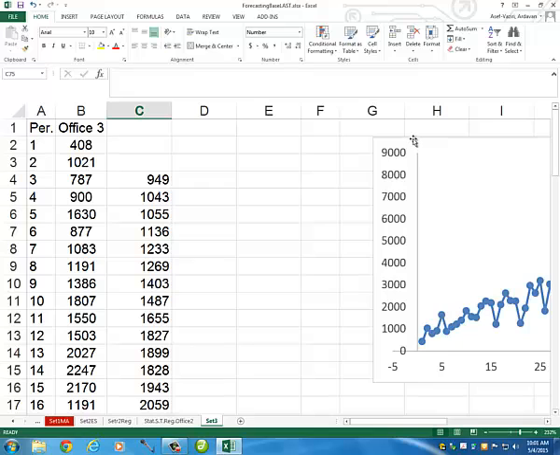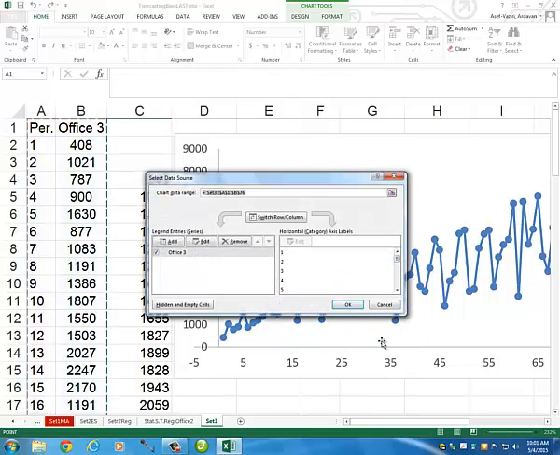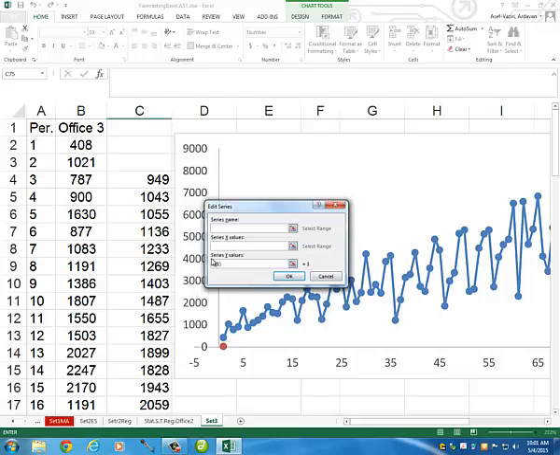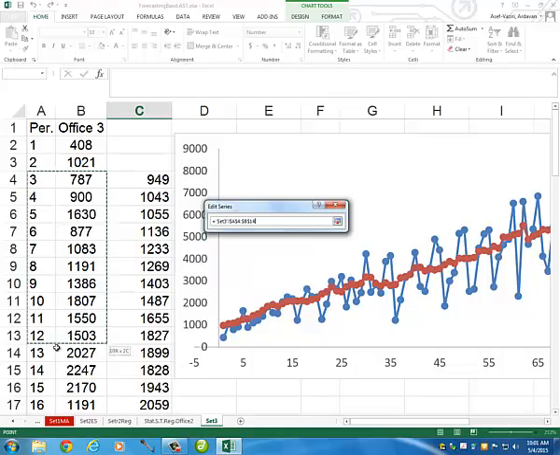Now let me add the data that I just got to these numbers. So I go here, I go to select data, add, and then I add y values and their corresponding x values.